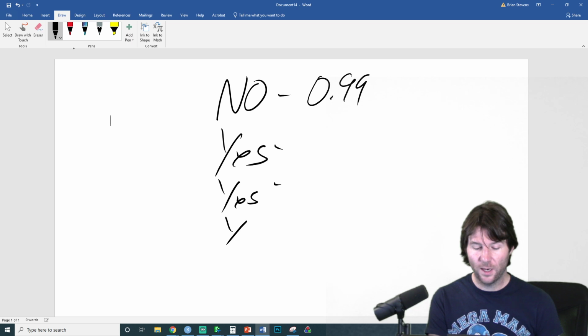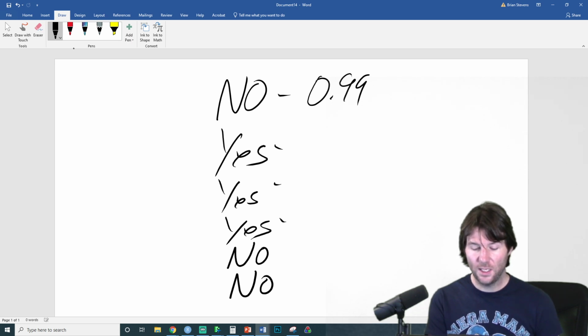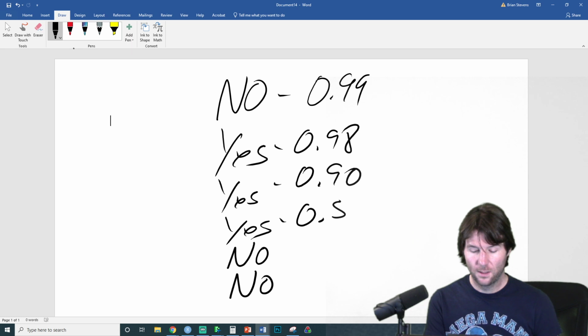So the AUC right here is ridiculously damaged, but, and I'm just writing in quick probabilities here, the accuracy of this model, good, there's 6 of them. What is the accuracy of this model right here?